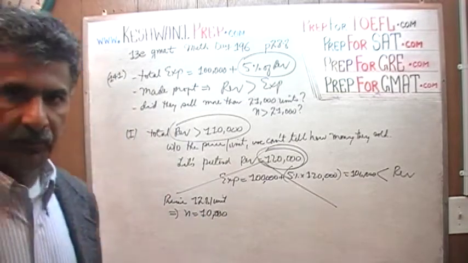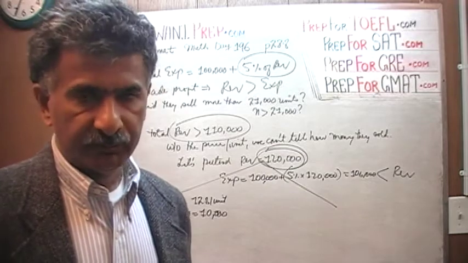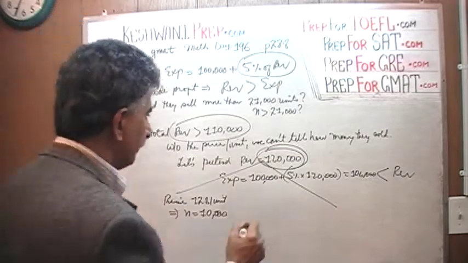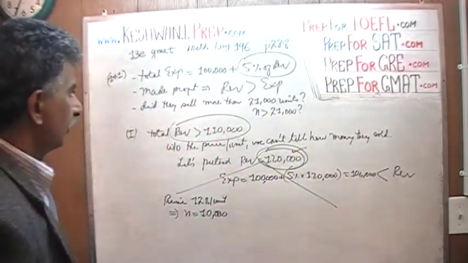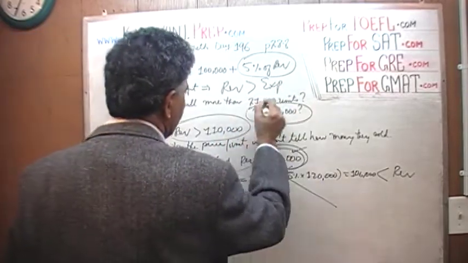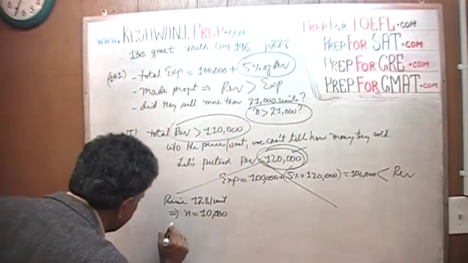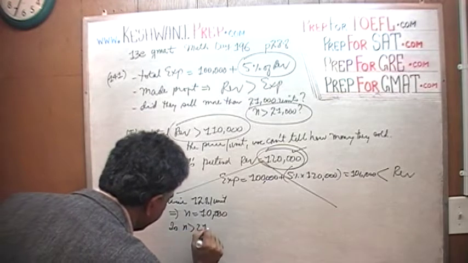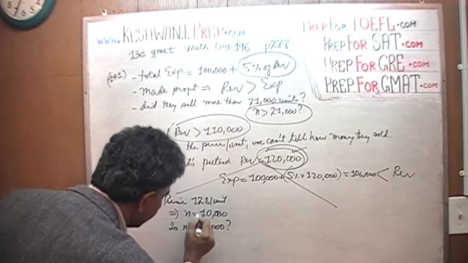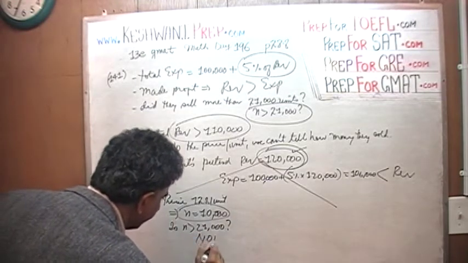So if they charge $12 per unit, they must have sold 10,000 units if their revenue was 120,000. So here the question was, is n more than 21,000? Here the answer is no.